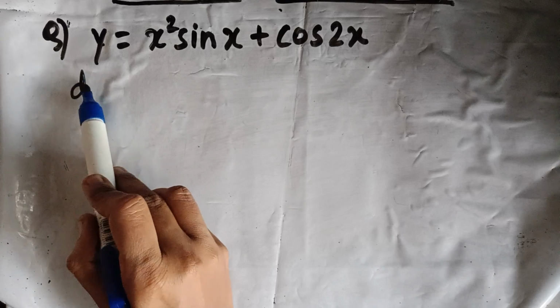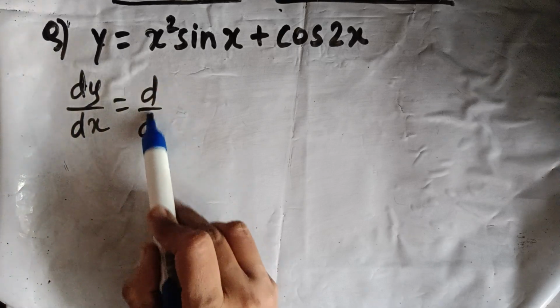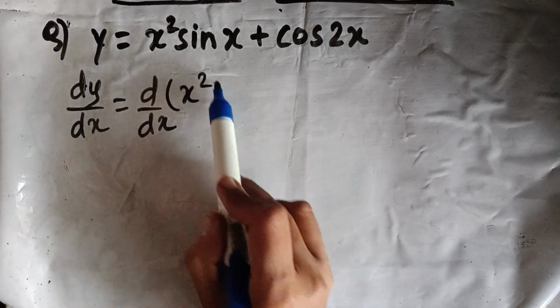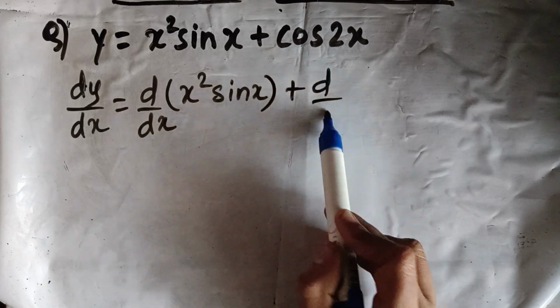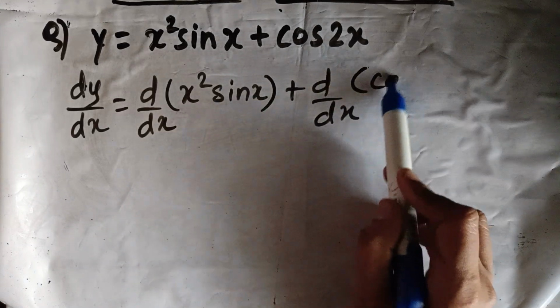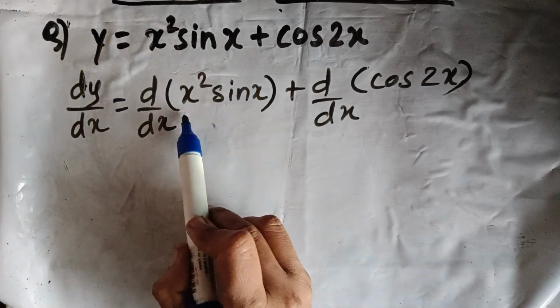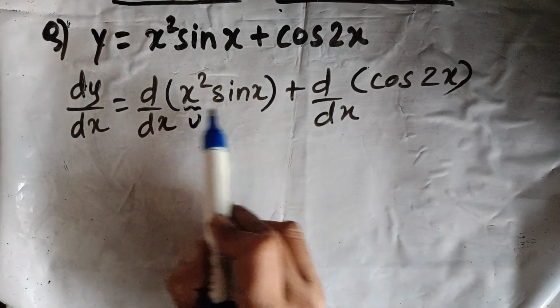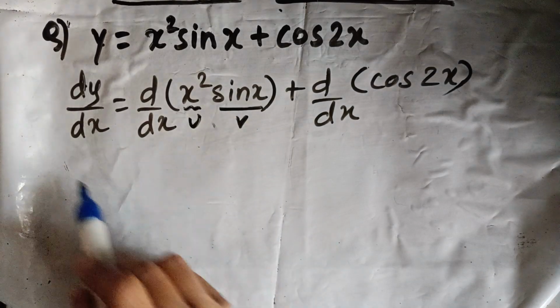So this is dy by dx, d by dx of x square sin x plus d by dx of cos 2x. Okay. Now here we'll solve this first. Here two functions are there. This we can take as u, this we can take as v. Okay.